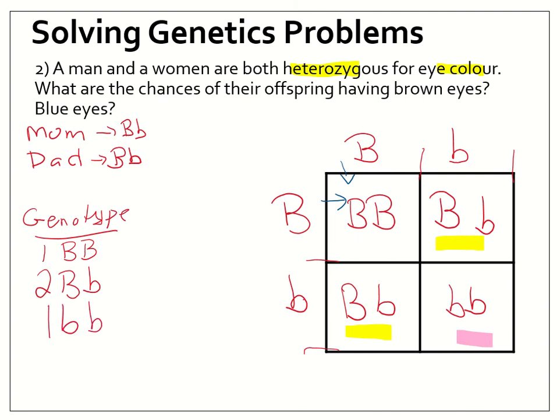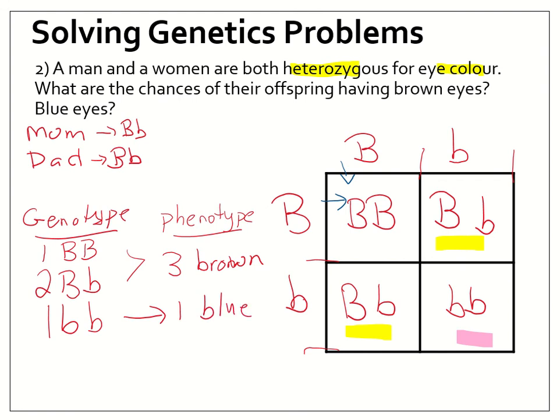And if we remember, for our phenotypes, you're talking about the actual physical characteristics. So these are 3, uppercase, lowercase. Oh, sorry, I'm writing the genotypes, not the phenotypes. So these are going to be 3 for brown and 1 blue.